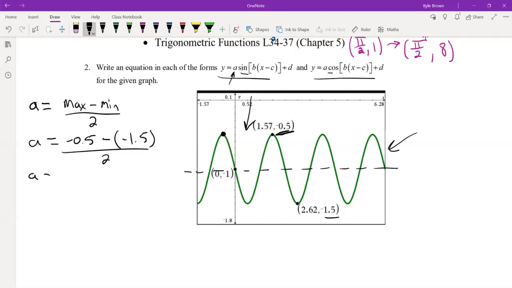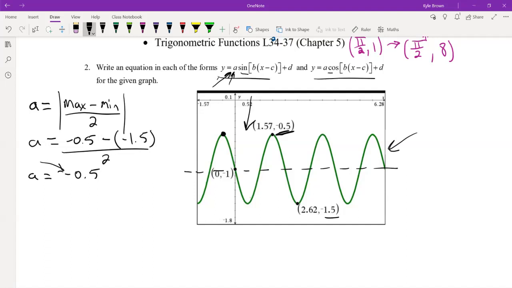Okay, so our A value is negative 0.5. Now it comes out as negative 0.5, but technically, we could have called this the absolute value because it doesn't really matter with the negative there. It's true, it could be negative, because remember what a negative on the front would mean? It would mean that the whole thing got flipped upside down, which it kind of did.